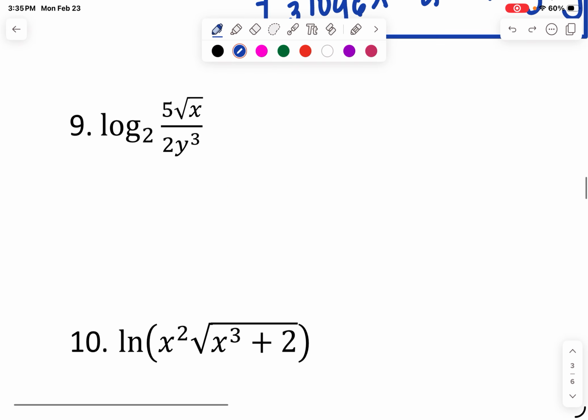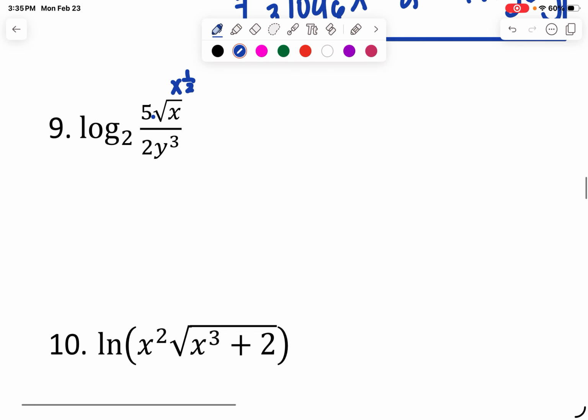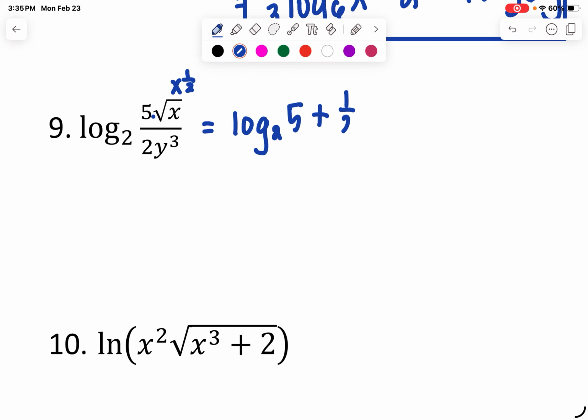All right, this next one right here, I have 5 times x to the 1/2, right? And then 2y cubed. Okay, so now I'm going to start breaking this up. So I have log base 2 of 5, multiplication, so plus log base 2 of x to the 1/2. I can bring that exponent in front.